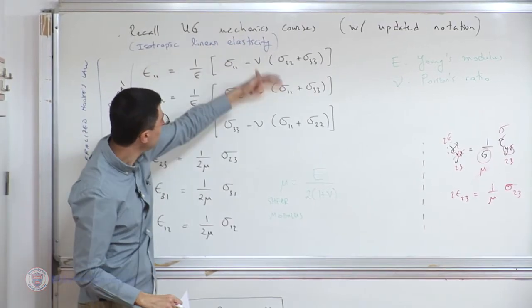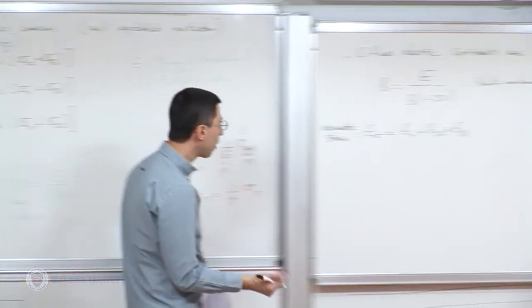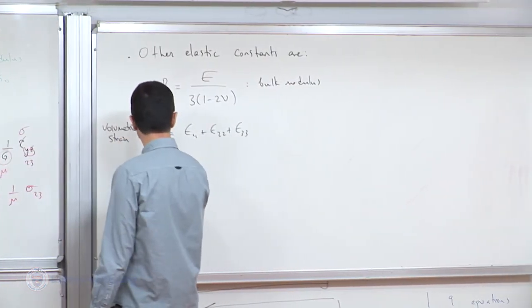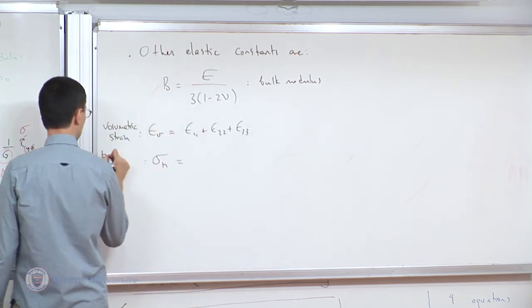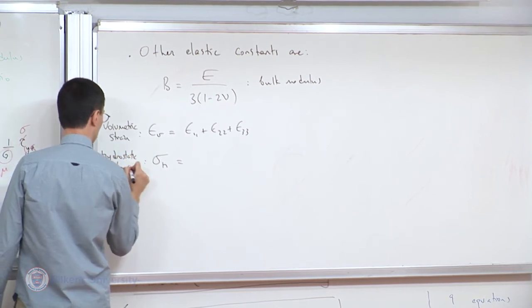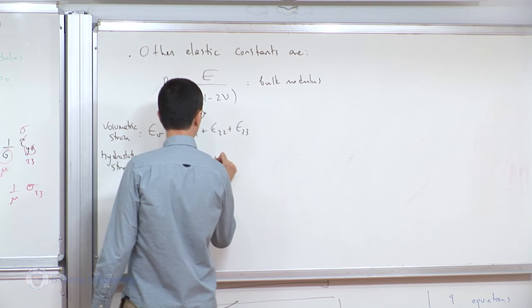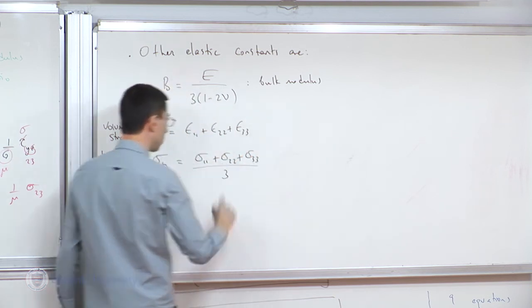And when I sum the right-hand side, I have only 1,1, 2,2, and 3,3, and everything will be in terms of that sum. So we also define something called sigma h, the hydrostatic stress, which is sigma 1,1 plus 2,2 plus 3,3 divided through 3.